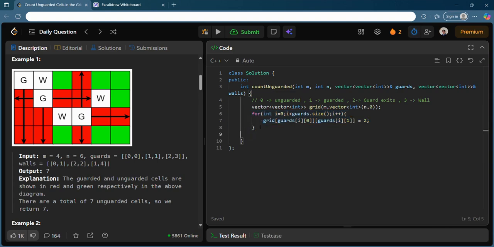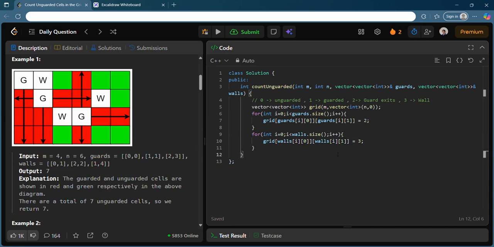So I can have this same very similar loop, right? Instead of guard, I will write wall. So I will just remove this guard and write wall, and instead of 2 I will write a 3. I hope that's very clear.